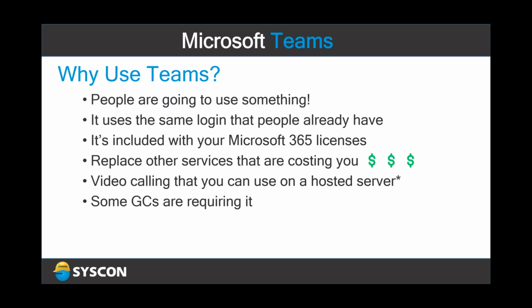This can be really handy, and GCs really like it because it's really convenient for them. And if you are thinking, oh my God, it means that other people are going to start messaging us from outside our organization, it's optional. You can block any of that outside collaboration if you want to.